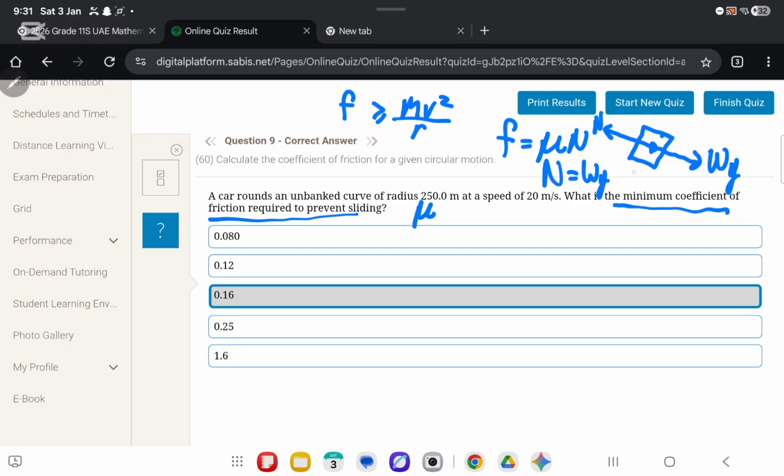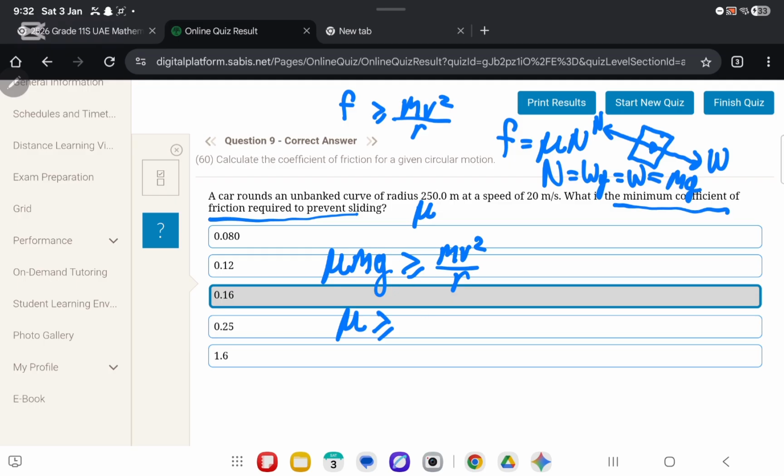However, this isn't an inclined plane. Wy is the same thing as W, right? So I don't even know why I included Wy. So N is equal to mg. So what do I say now? I will say mu mg is greater than or equal to mv squared over r. Now we can divide by mg on both sides.